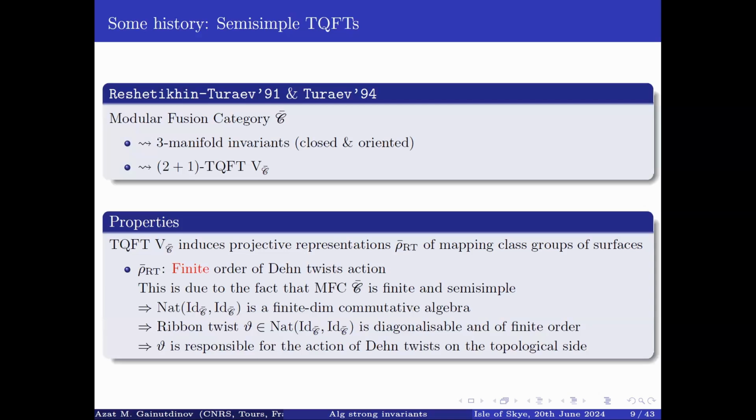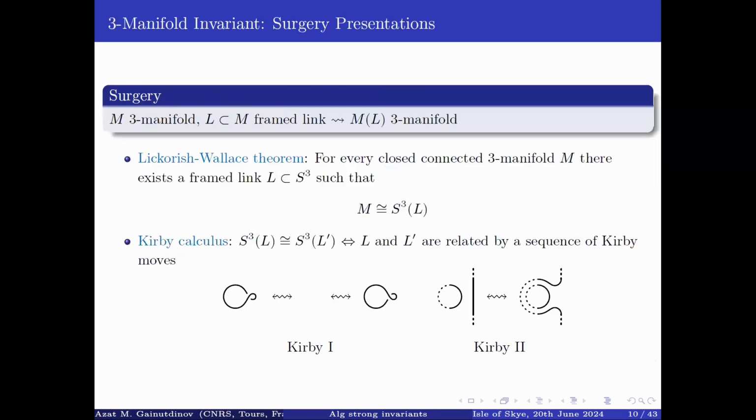The axioms force the Ribbon twist, as a part of the data of my category, to be diagonalizable and of finite order. And this ribbon twist in my category is responsible for the action of the Dehn twist on the topological side. That's why mapping class group representations are of this type, with only finite order representations of Dehn twists.